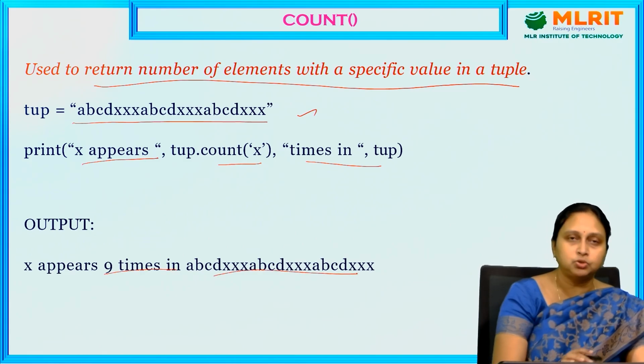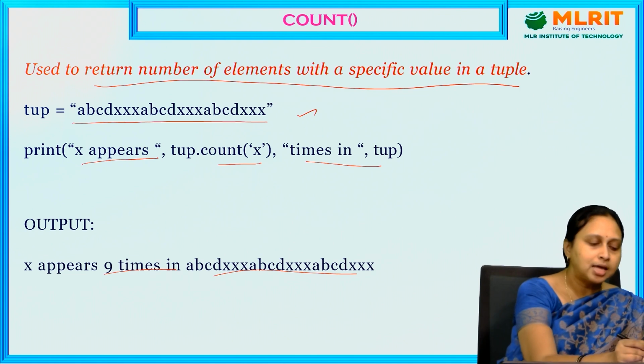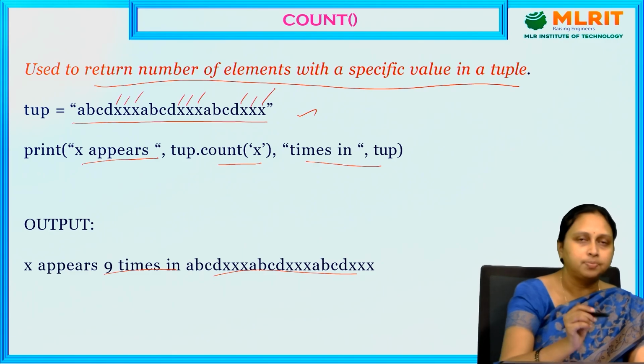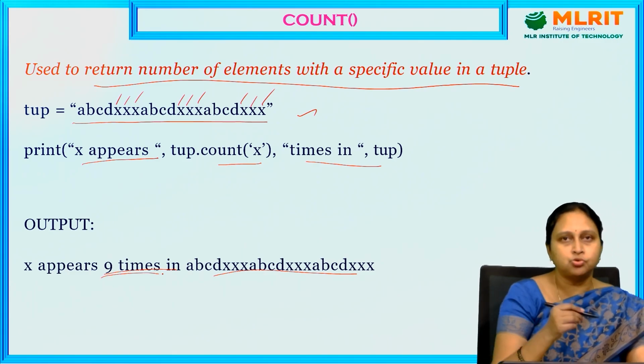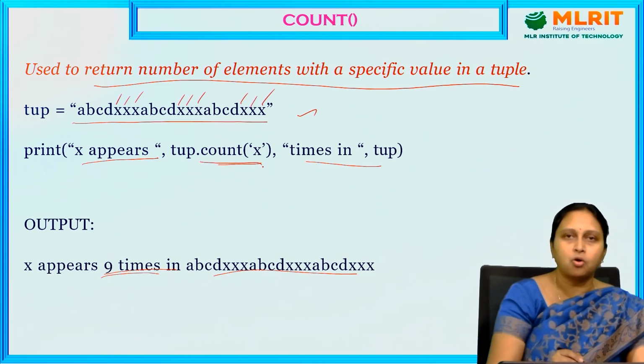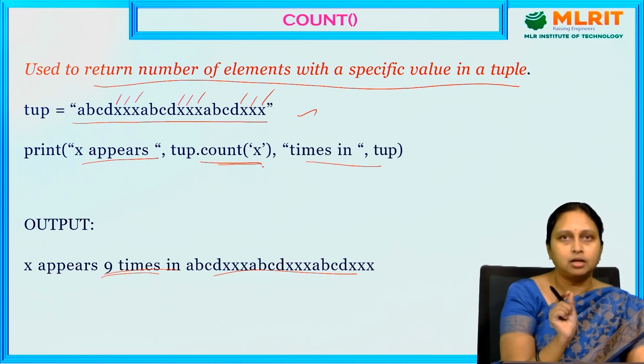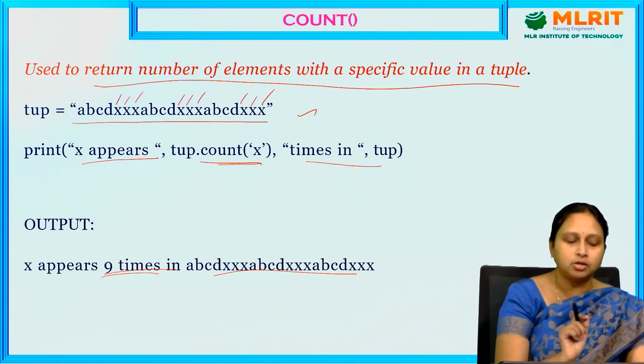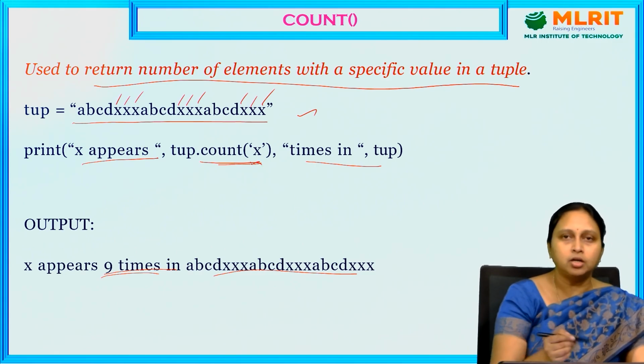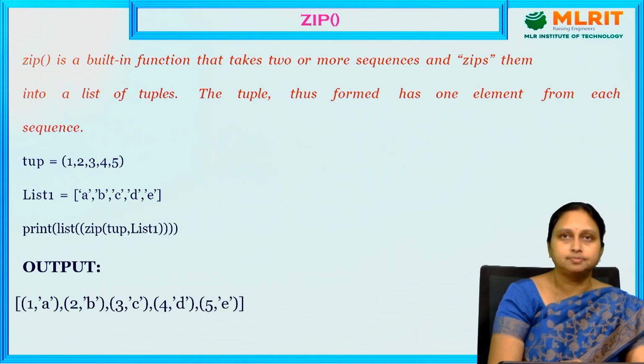That is what we are displaying here. Here X has been displayed 1, 2, 3, 4, 5, 6, 7, 8, 9, total 9 times. Instead of counting this manually, by just using the count function and specifying the particular element you want to count, that count will be displayed.